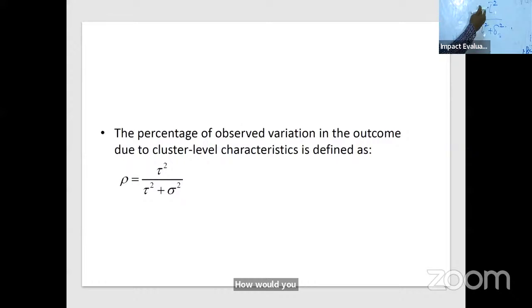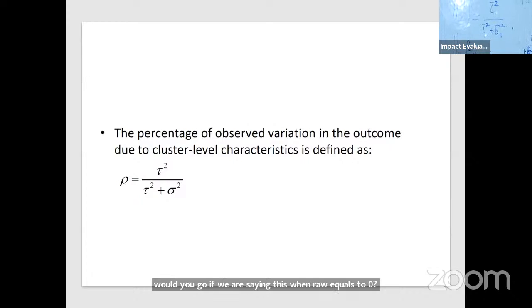If we are saying this, when rho equals 0, what does it mean? When intra-cluster correlation equals 0, what does it mean? The variation between clusters is empty.